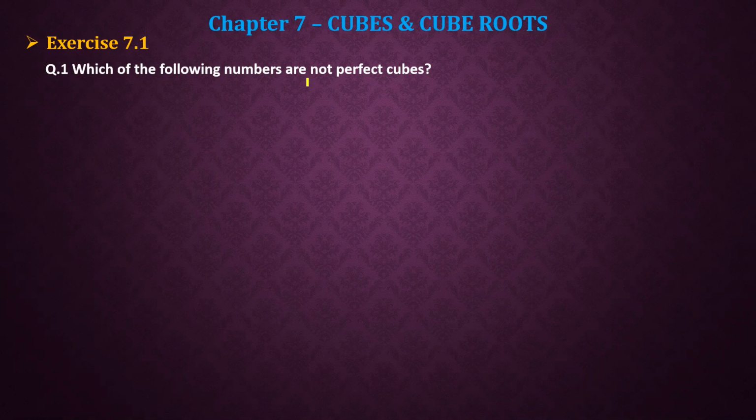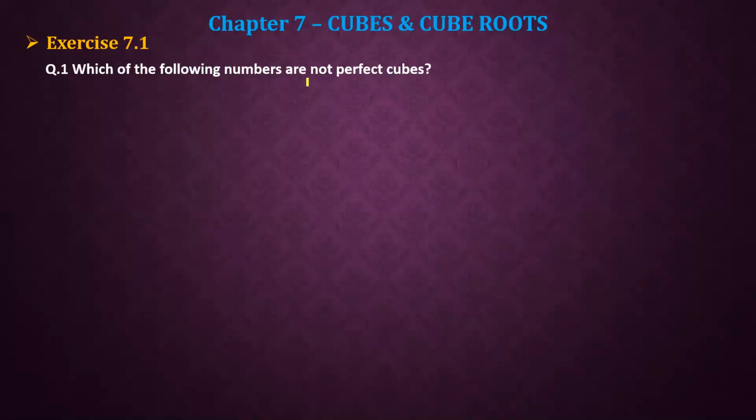Here we have to just identify which of the following numbers are not perfect cubes. That only we have to find. But which method we are going to use is very important.